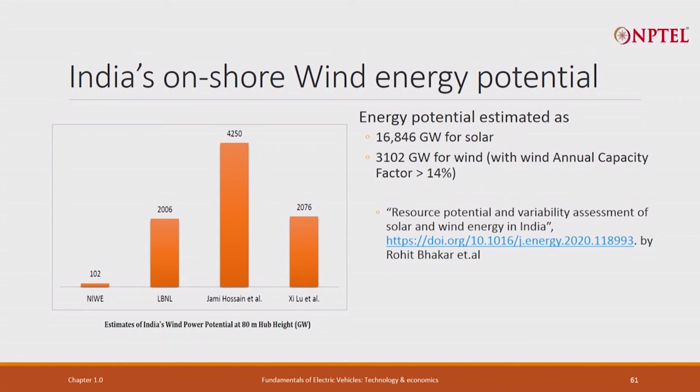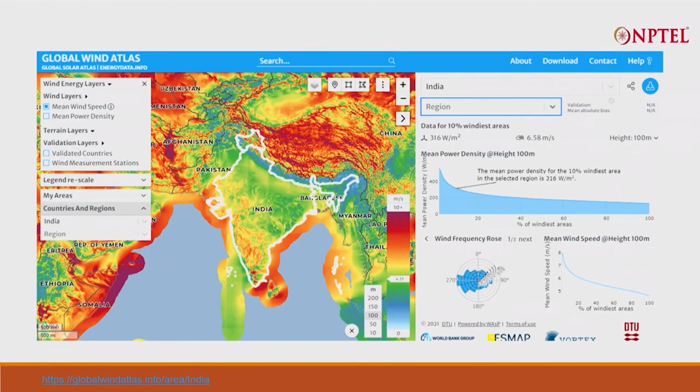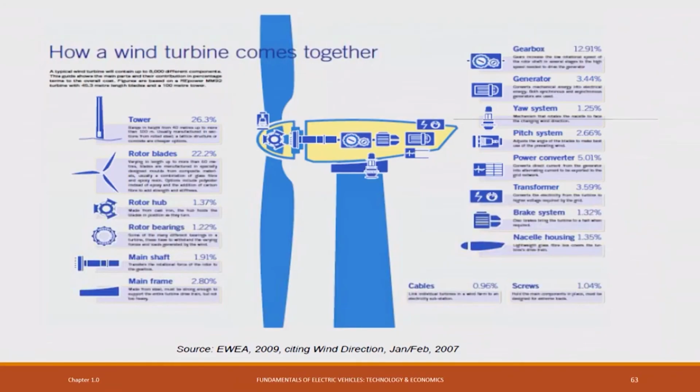So, we have huge capacity, not just 20,000 gigawatt, I would say higher than that. That work continues, I do not think that we need to worry about it, and there is a very good global wind atlas available. You can just search for global solar atlas or global wind atlas, and it will be able to tell you how much wind is produced and what the area is that can be used.